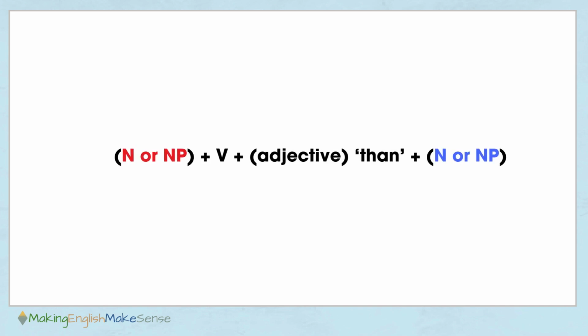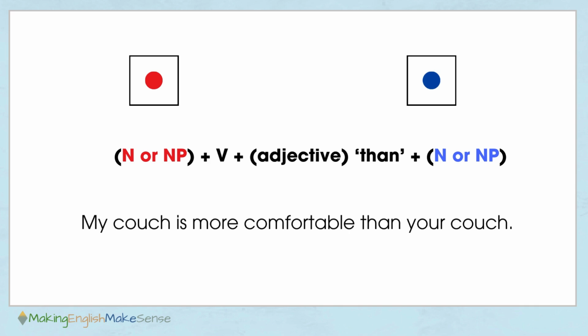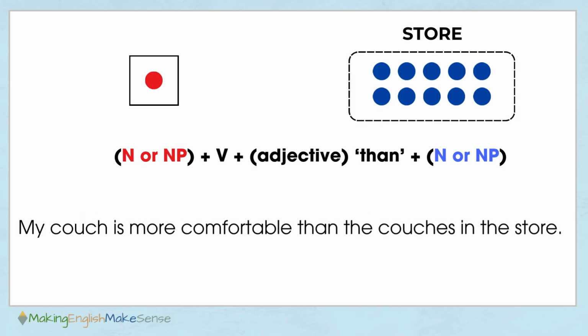So to summarize, a comparative construction can do many things. It can compare a noun to an individual noun. My couch is more comfortable than your couch. It can compare a noun to an entire group. My couch is more comfortable than the couches in the store.